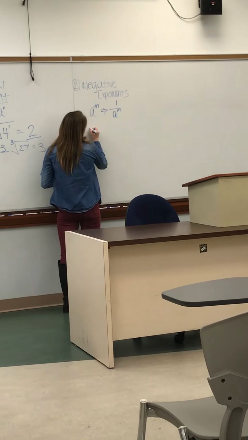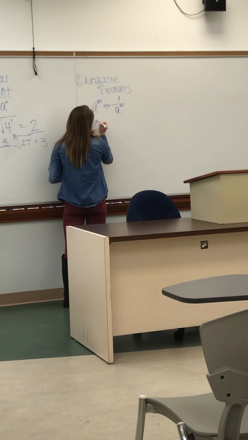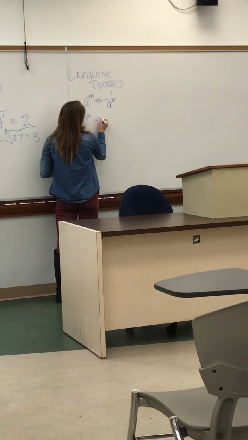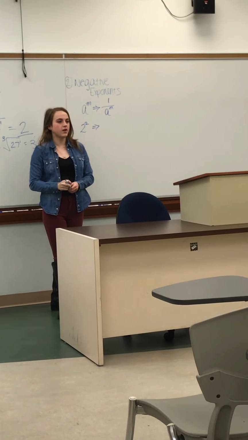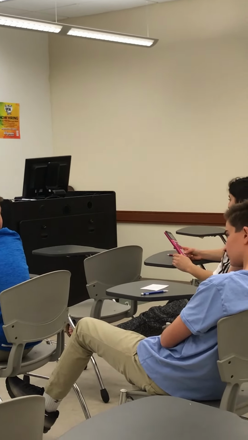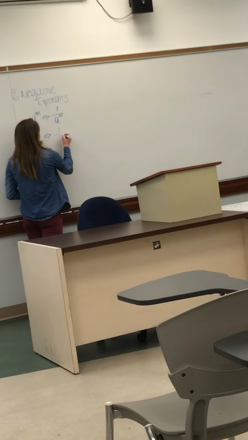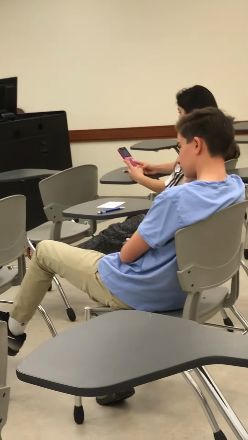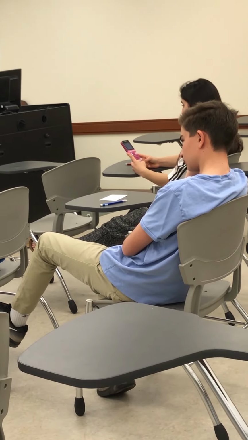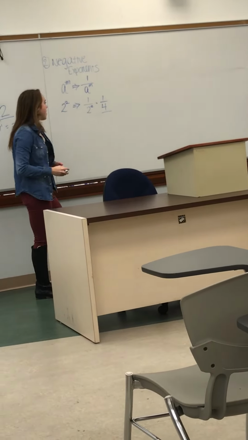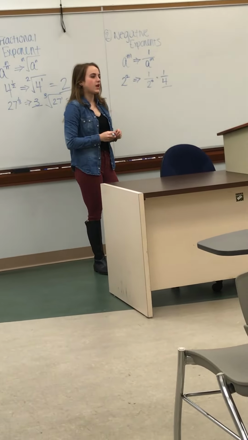So if I had 2 to the negative 2, what would that be? Who wants to give it a try? Yes, Bella. 1 over 2 to the second. Which simplifies to what? 1 over 4. Correct.